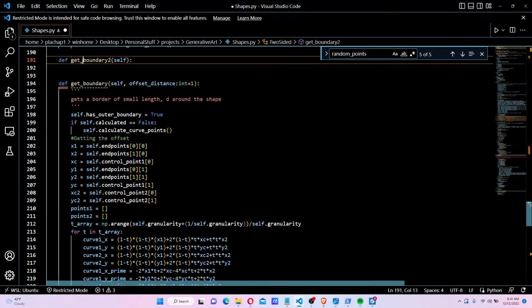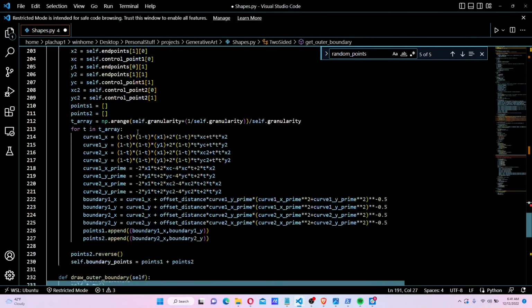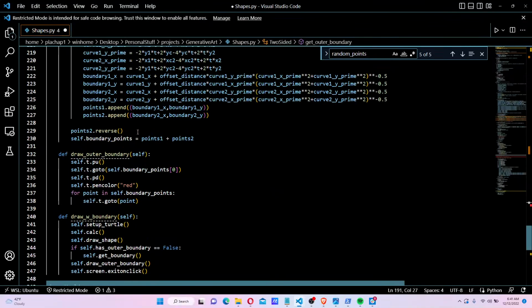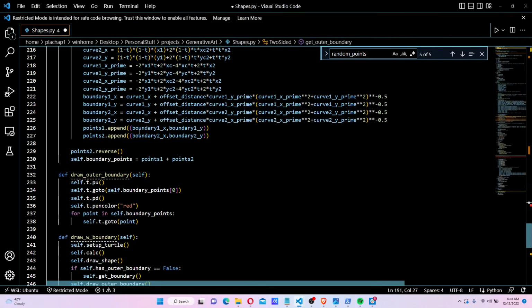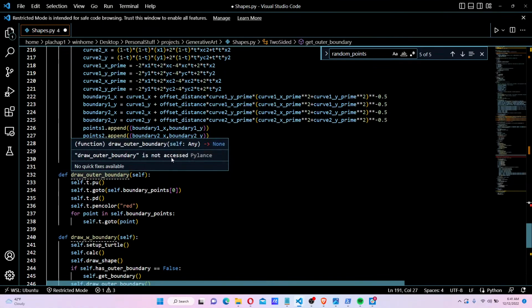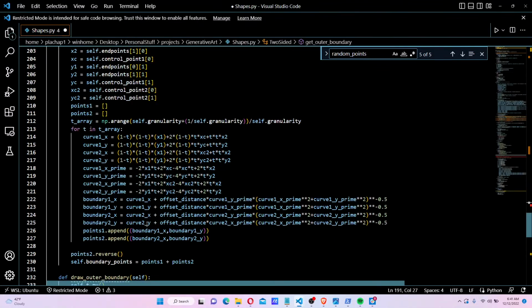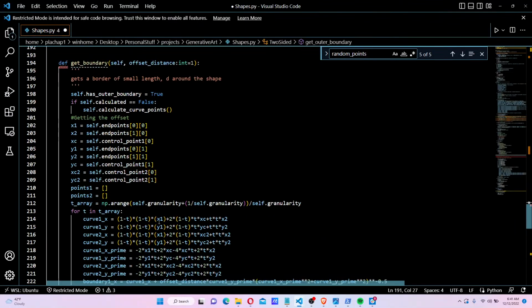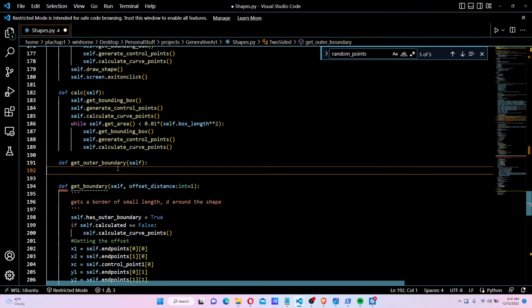I guess just get outer boundary works. So draw. So get outer boundary.